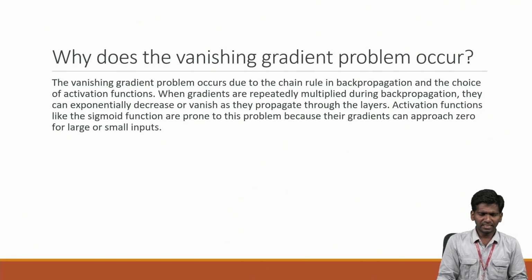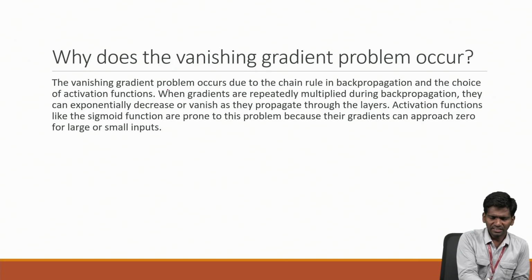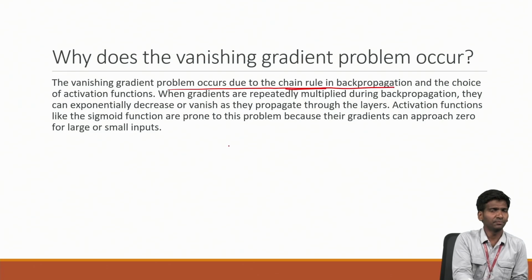Next, why does the vanishing gradient problem occur? Again due to various activation functions. The vanishing gradient problem occurs due to the chain rule. What is the chain rule? We have seen it in back propagation, right? We will be modifying the weights, applying derivatives to the weights.